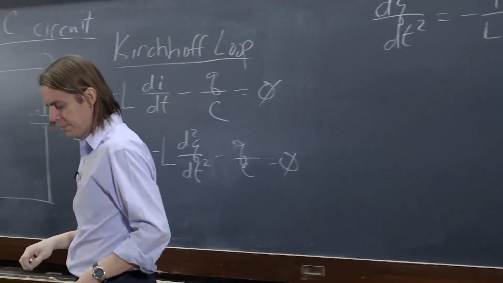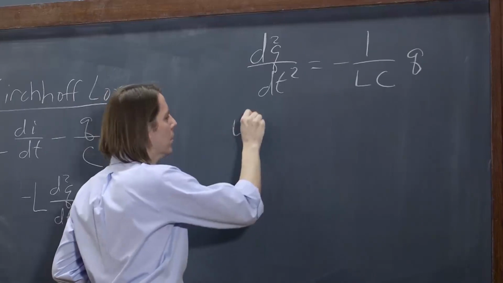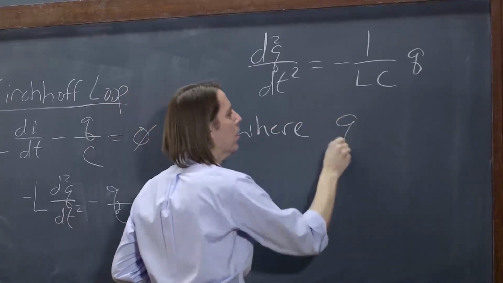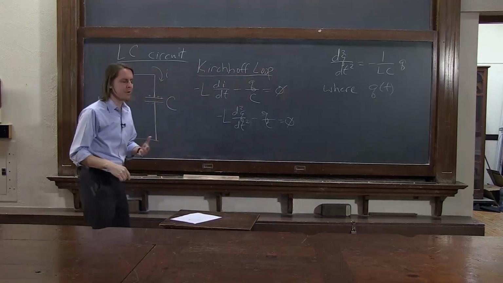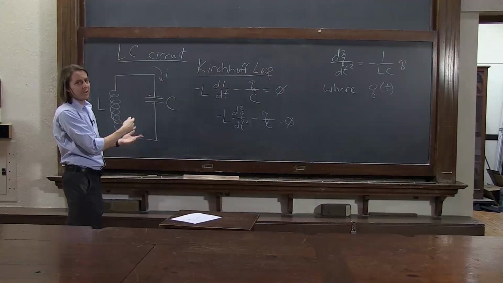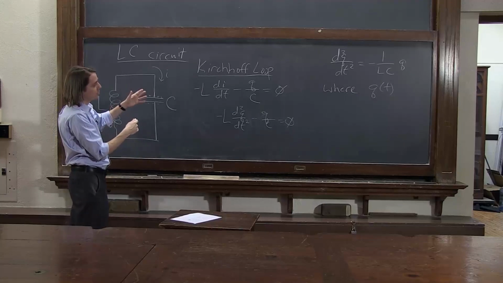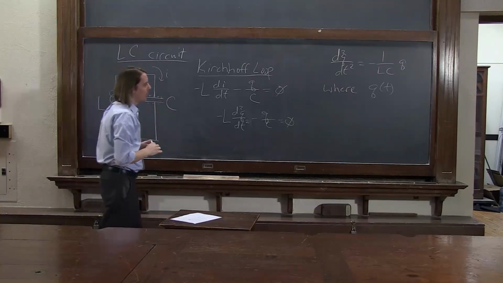That's where we are. And let's keep in mind that q is a function of time. We're looking for this function q. If we know the charge buildup in these plates, then we'll also know the current. We can just take its derivative. So I'll solve this for the charge buildup. We can solve it for the current. Doesn't really matter. But this is where we are.